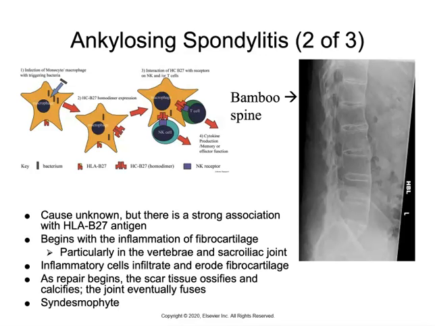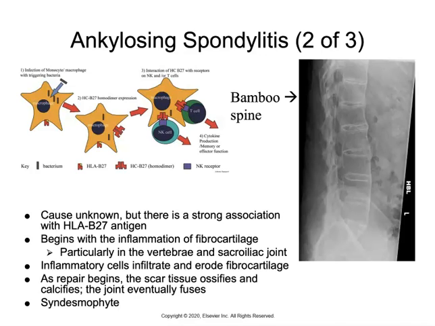It begins with inflammation of the fibrocartilage, especially in the vertebrae and the sacroiliac joint. And we have key players here of our inflammatory cells, such as our CD4 and CD8 T cells, our macrophages, TNF-alpha and TGF-beta that infiltrate and erode our fibrocartilage.